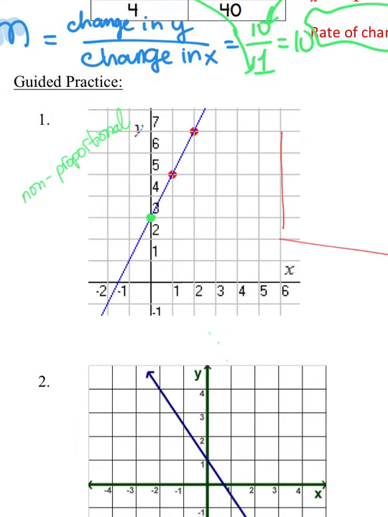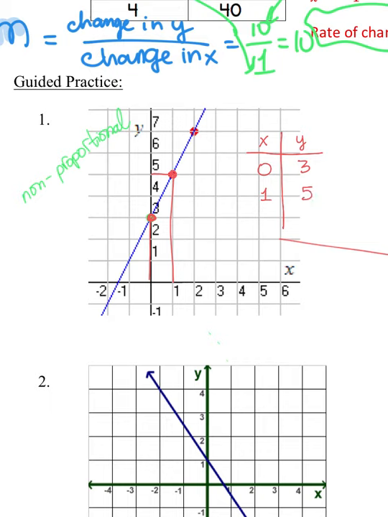So my table will include X and Y. And I would give myself 2 points so I can find the change in Y and the change in X. So the first point that I would choose is this point right here. So this point is X is 0, Y is 3. The second point I choose, X is 1 and Y is 5.